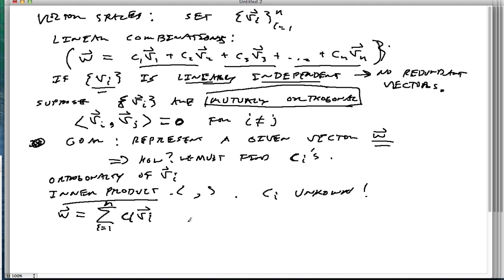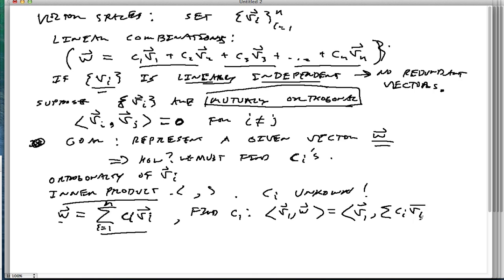Okay. So now I want to find c1. What I'm going to do is take the inner product of v1 with W. And we're going to replace W with this full sum here. But remember, the inner product had that nice property that it passes right through sums.